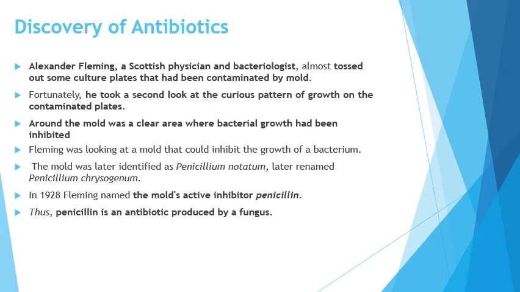Fleming was looking at a mold that could inhibit the growth of bacteria. This mold was later identified as Penicillium notatum, later renamed Penicillium chrysogenum. In 1928, Fleming named the mold's active inhibitor penicillin. Thus, penicillin is an antibiotic produced by a fungus.